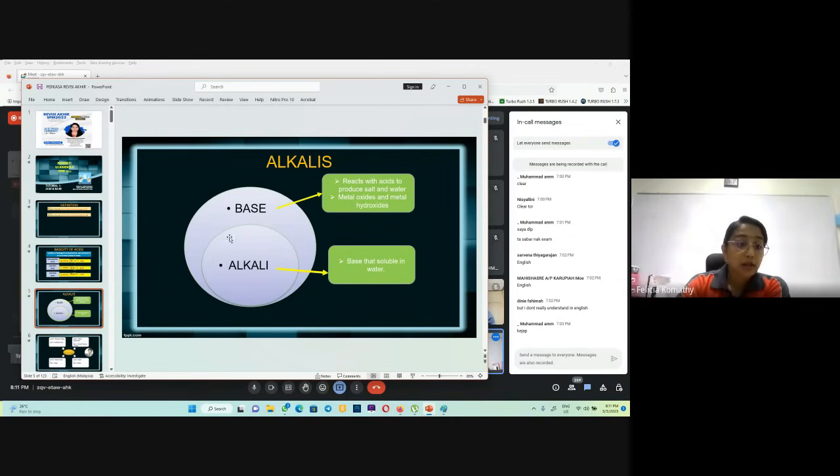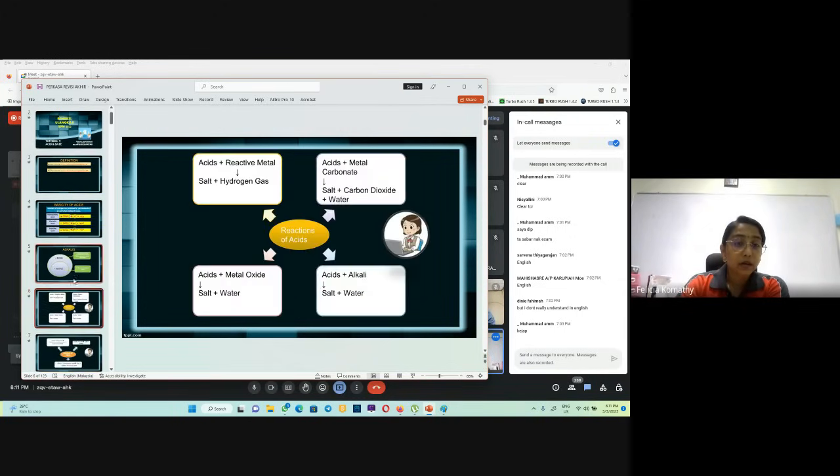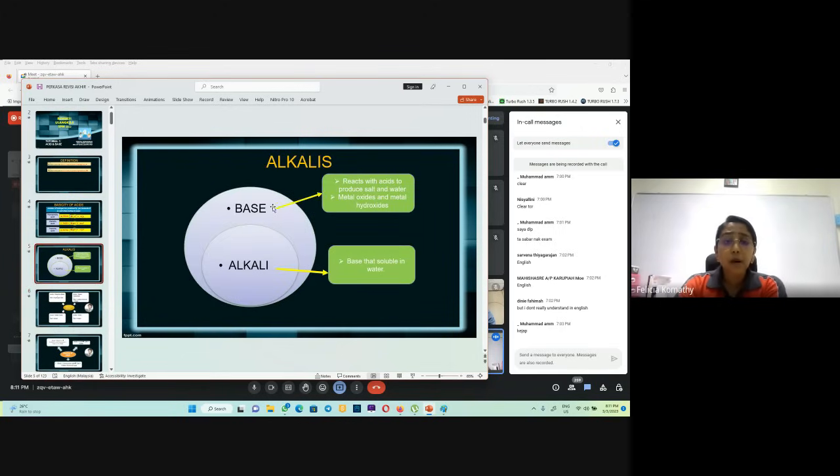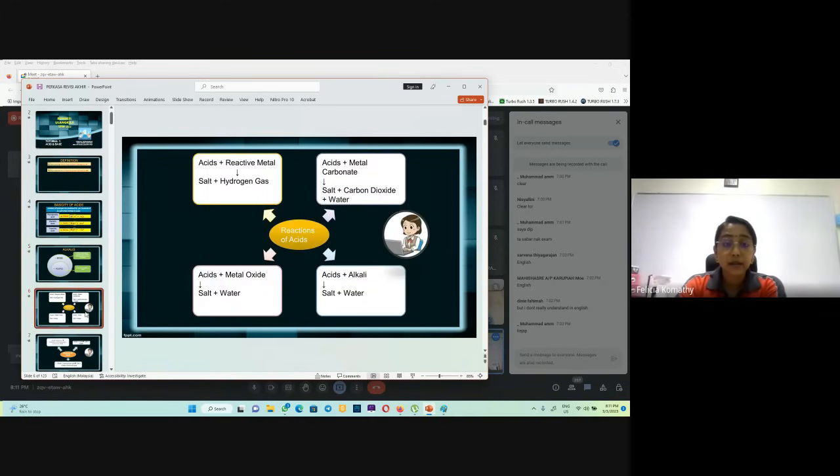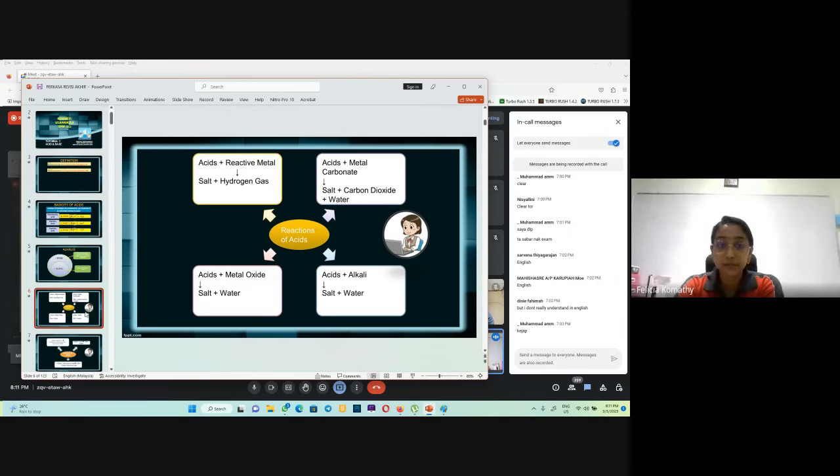Now, how to differentiate which one is base and alkali? For your information, all the metal oxides and metal hydroxides are bases. Only certain metal oxides and metal hydroxides which are soluble in water, we then call alkali.